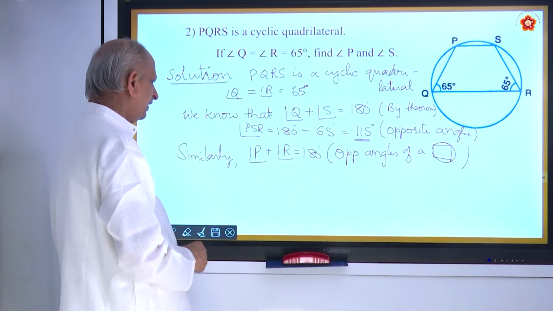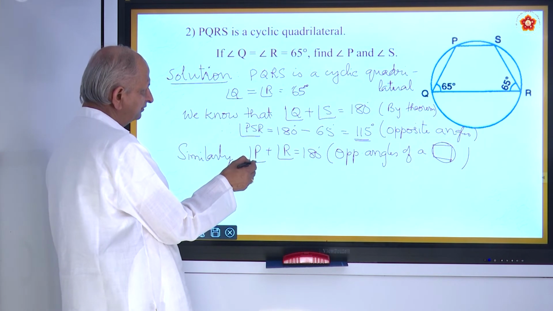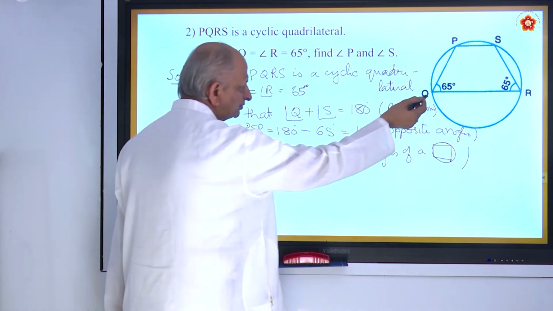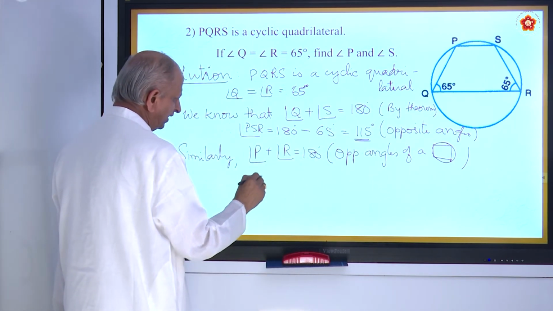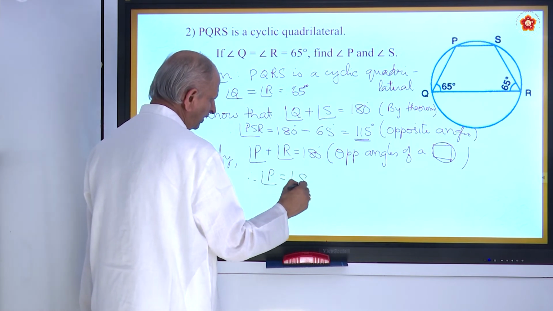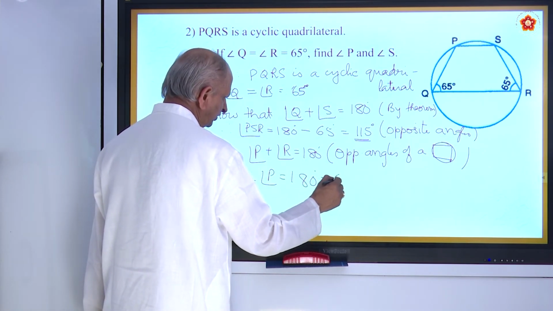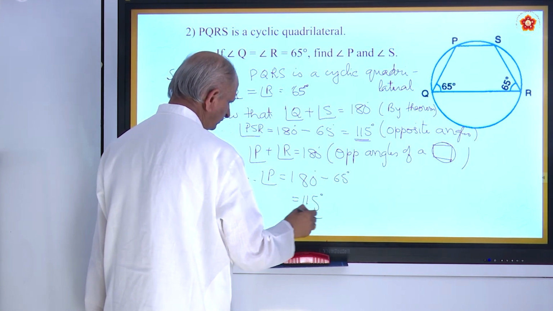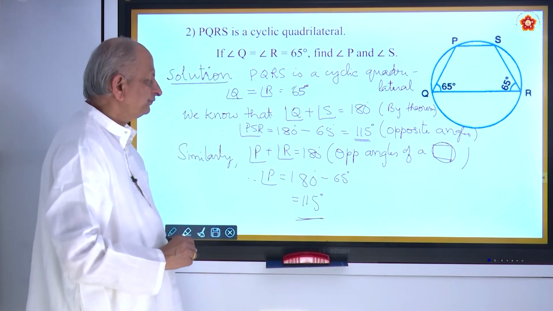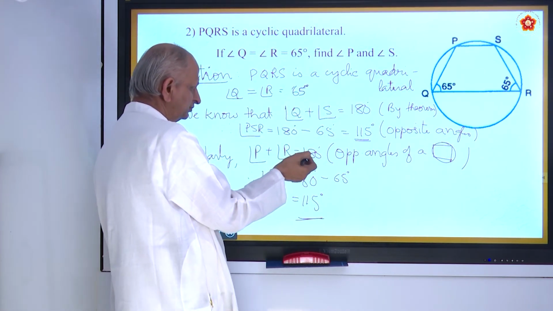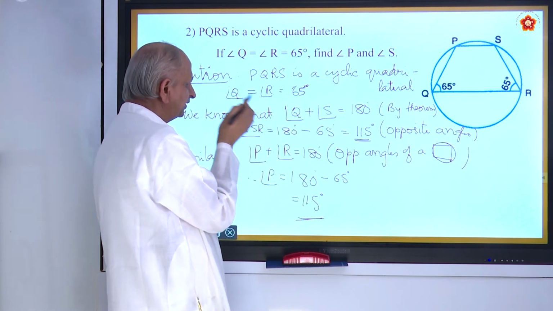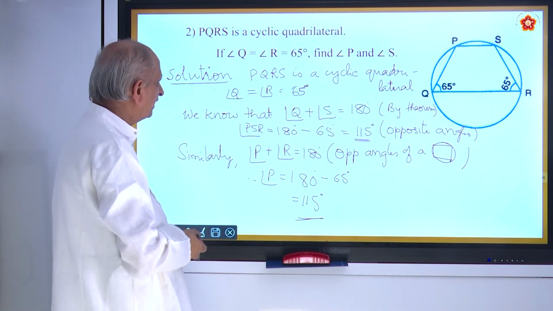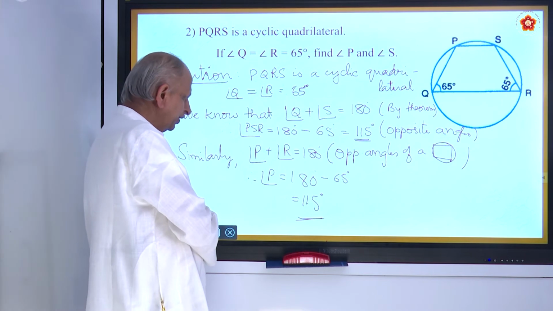Now here you are given with angle R. R how much? 65. Therefore, angle P is equal to 180 minus 65, that is equal to 115 degrees. That's all. That's what you are asking. P is 115. S also is 115, because it is a cyclic quadrilateral. Note down. Shall we go to next problem?